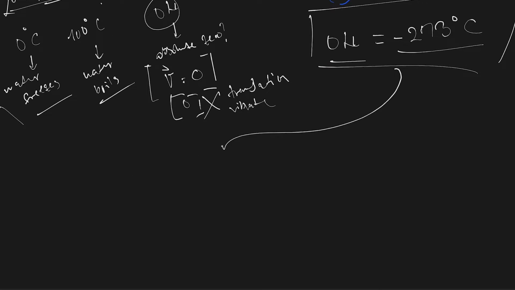Let's say we want to convert 3 degrees Celsius to Kelvin. Well, we can use the rule I just mentioned. We know 0 Kelvin is equal to negative 273 degrees Celsius.